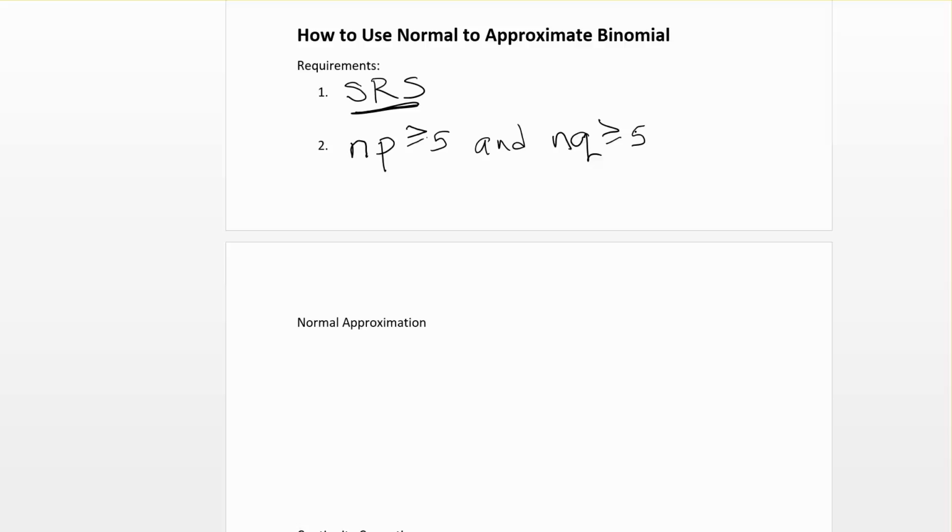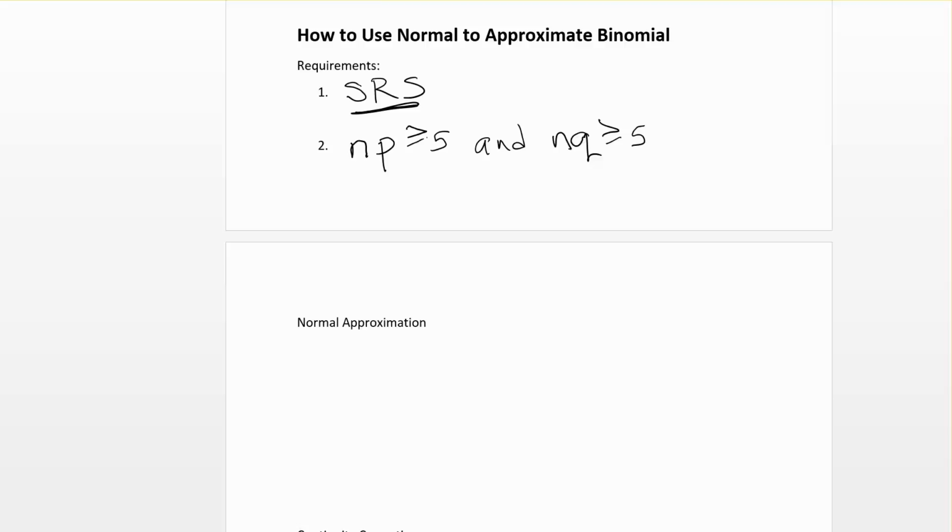This is ensuring that our sample size is large enough for us to use the concepts of a normal distribution. If you remember from the last section, when we were looking at sampling means, we said the sample size had to be bigger than 30. This is what we're doing here. We're ensuring that our sample size is going to be large enough that we can use the concepts of normal distributions.